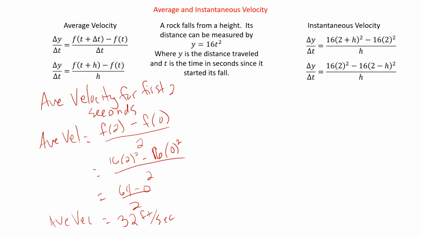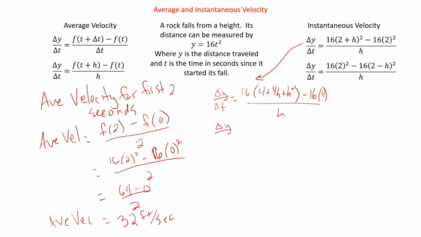Now, we can't just plug 0 in for h here, because if we do, we get 0 over 0 still. So that's problematic. We can simplify, however. If we simplify these, I'm going to take this one over here. We have delta y over delta t is going to equal 16 times 4 plus 4h plus h squared, minus 16 times 4, over h.